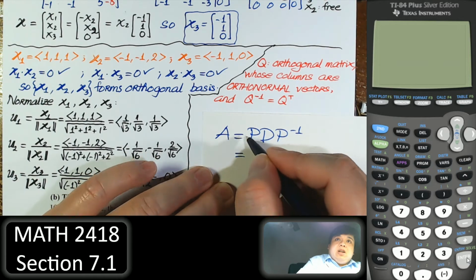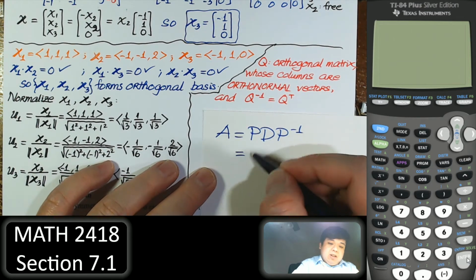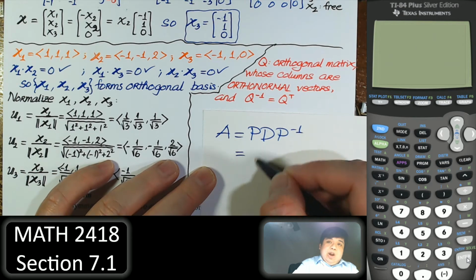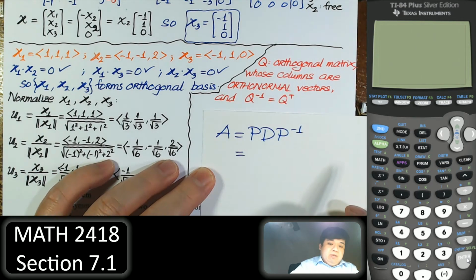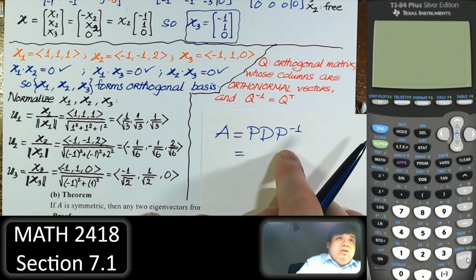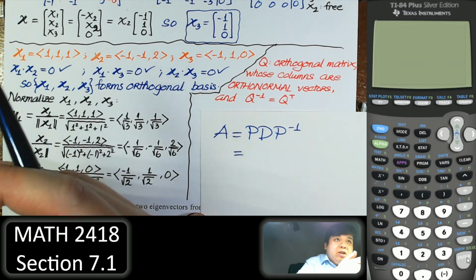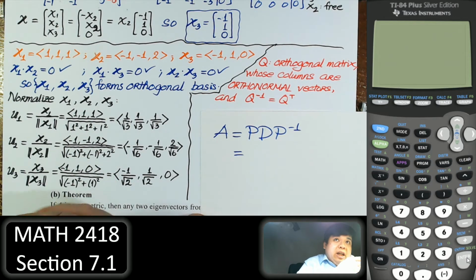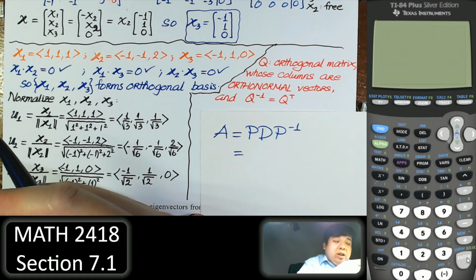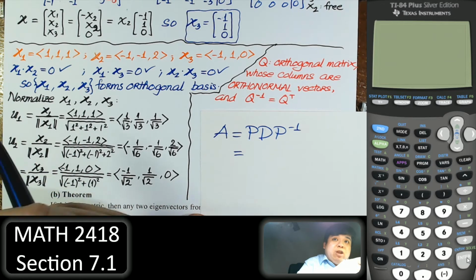P is the matrix when we stack all the eigenvectors, and D is the diagonal matrix of eigenvalues. If we have to do that, we have to find the inverse, and as I mentioned many times, the inverse is a very expensive operation. By expensive, I mean it takes a lot of time to find.